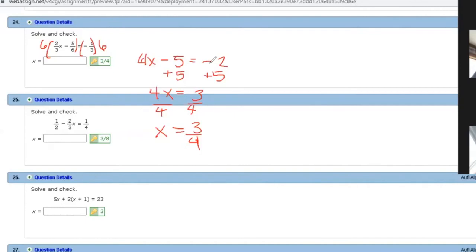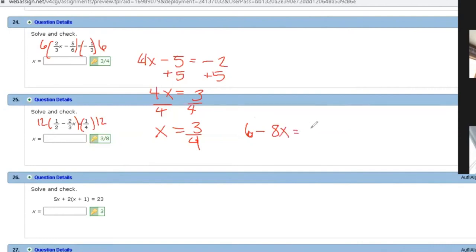So what is the number that we can multiply everything by for number 25? 12. Yes, 12. So 12 times 1/2, that'd be 6. 12 times 2 over 3: 12 times 2 is 24 divided by 3, gives us 8x.